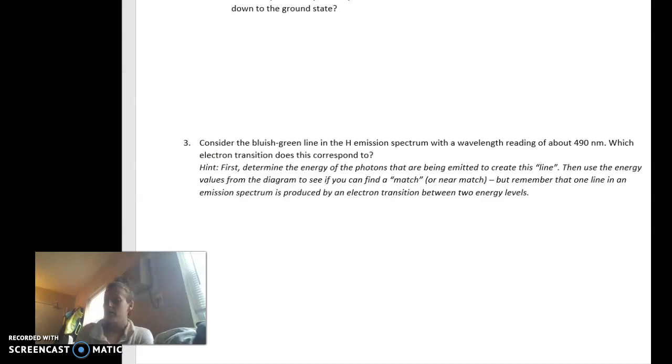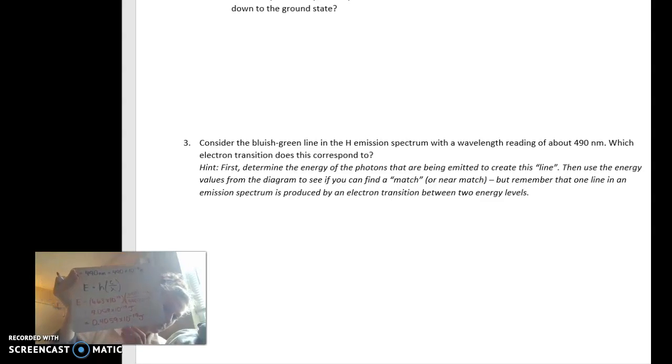Step 1, convert from nanometers to meters: 490 times 10 to the negative 9. Step 2, use the relationship E equals Planck's constant times c over wavelength. I use Planck's constant in joule seconds because my table is in joule seconds. Find the amount of energy and figure out which transition it refers to.